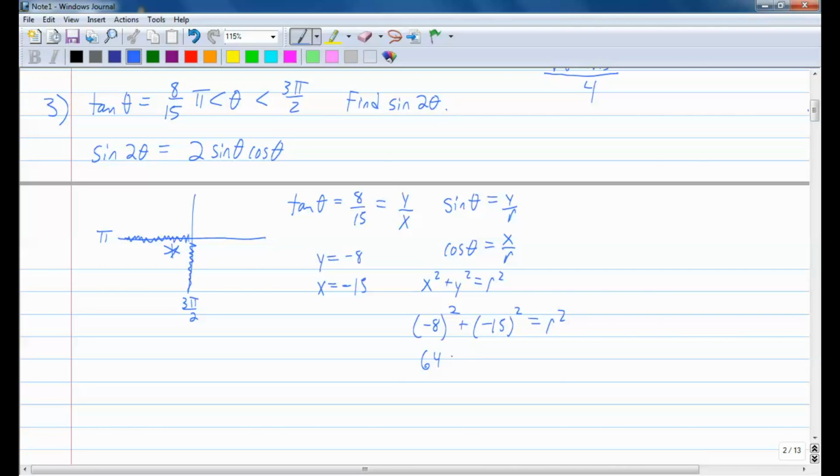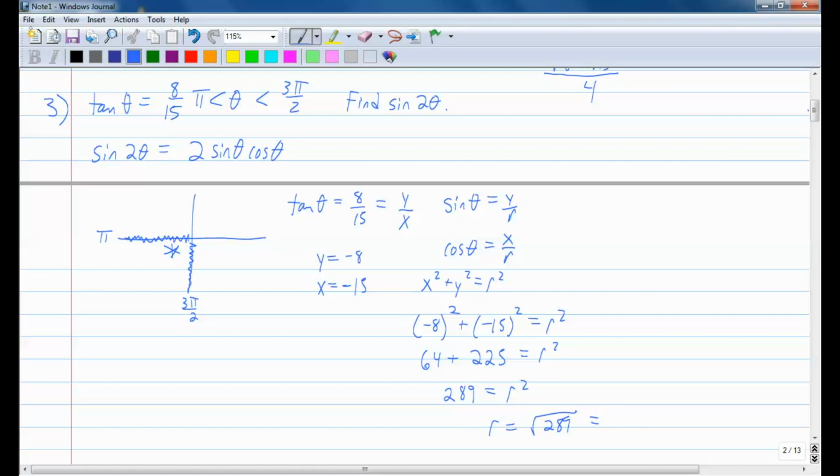Or 64 plus 225 equals r squared. So that's going to be 289 equals r squared. So r equals the square root of 289, which is equal to, does that simplify?